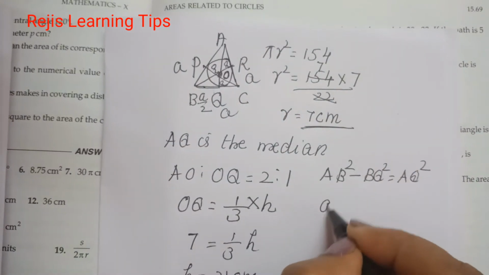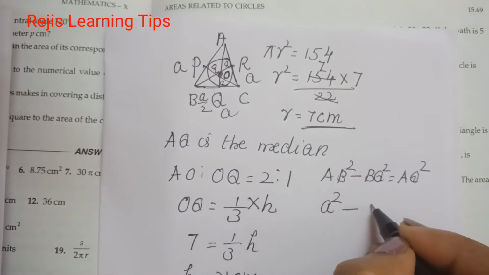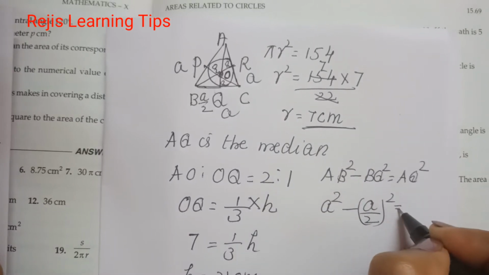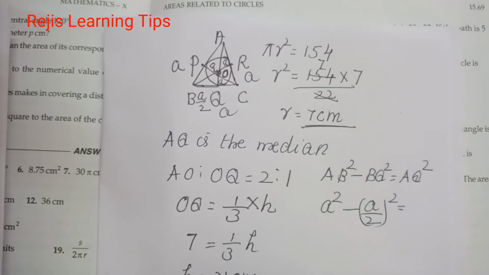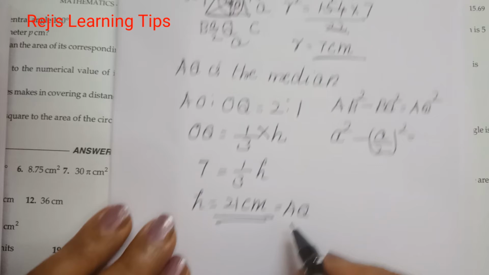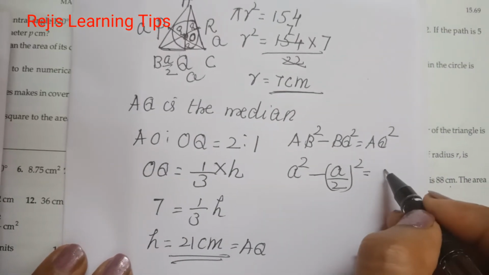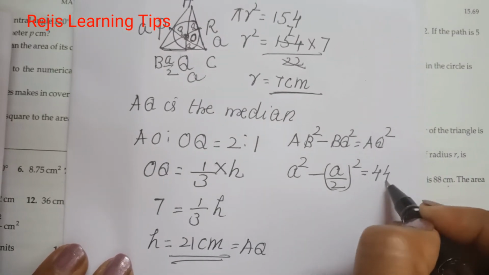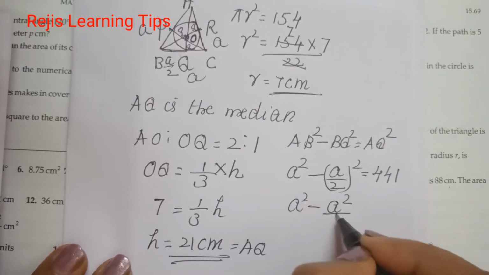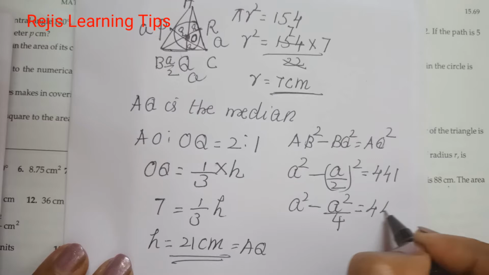So A square minus A by 2 the whole square is equal to AQ square. AQ is equal to 21 centimeter. So we can write here 21 square, that is 441. Then A square minus A square by 4 is equal to 441.